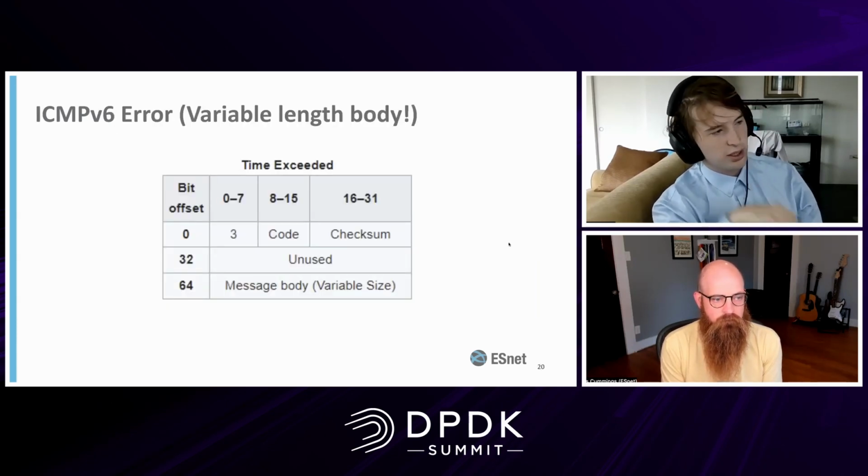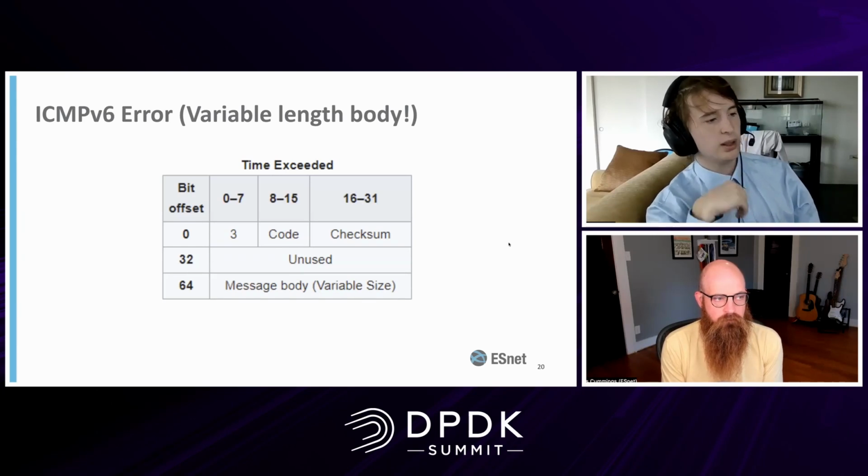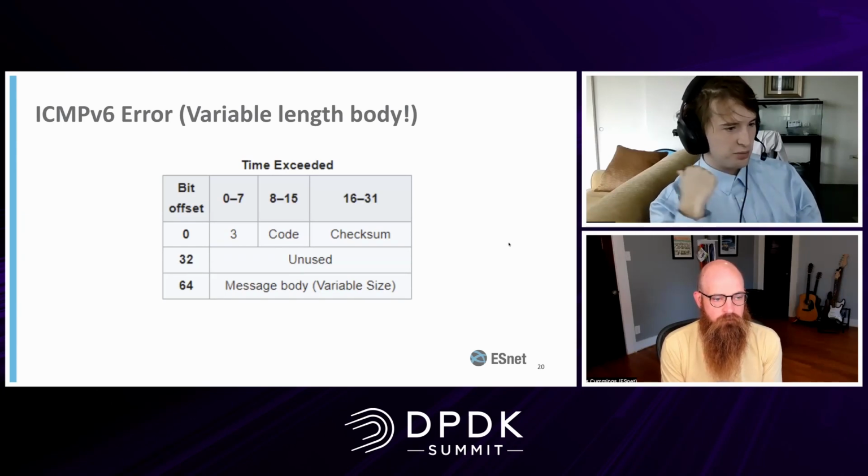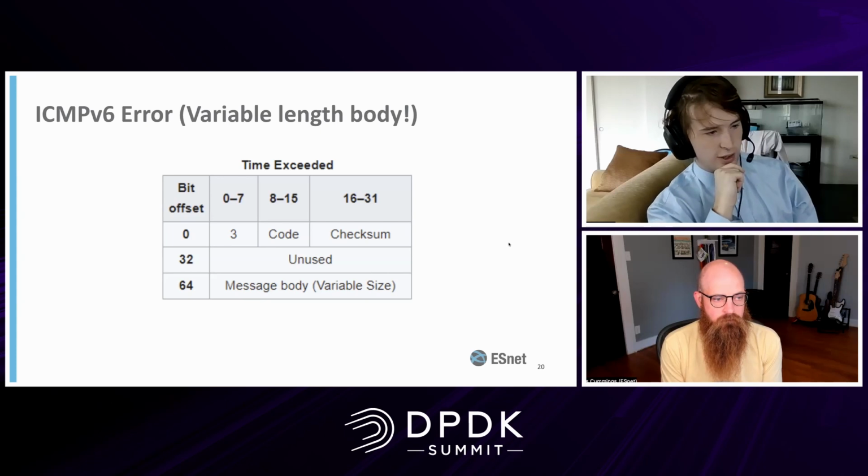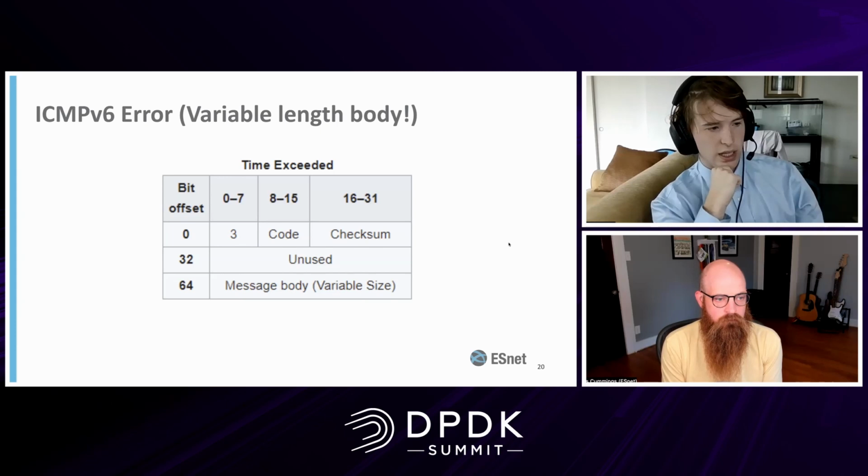So this is another thing: ICMP6 error has a variable length body. These are pretty difficult to chase down in P4, the size of these. So it's better to just forward them off to DPDK, where we can do more complex processing in software.